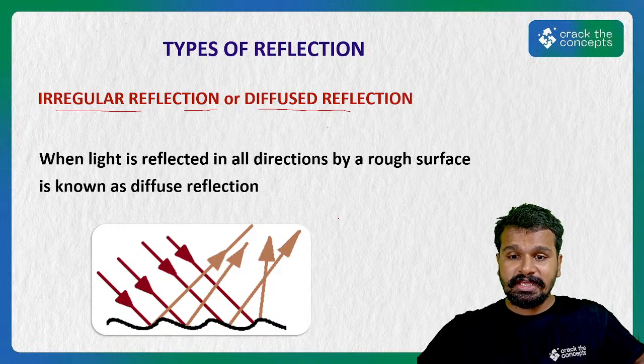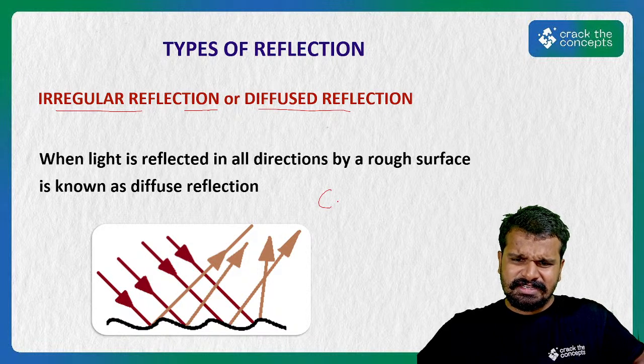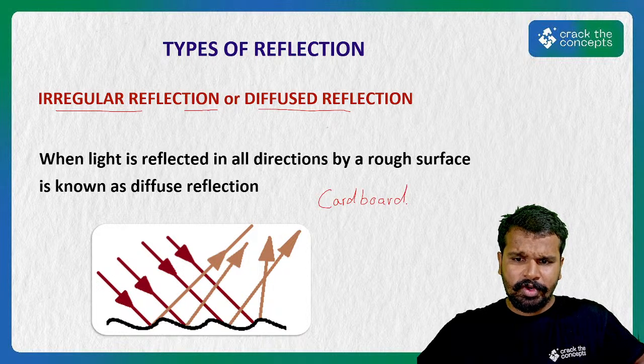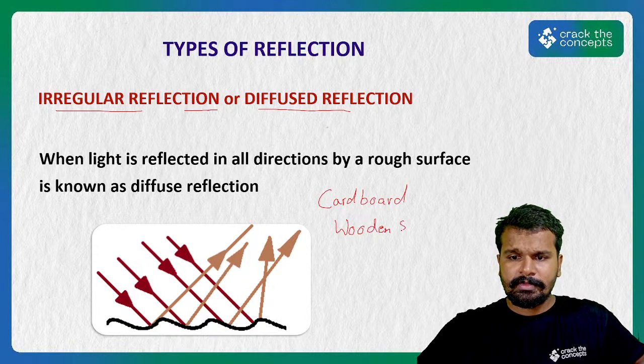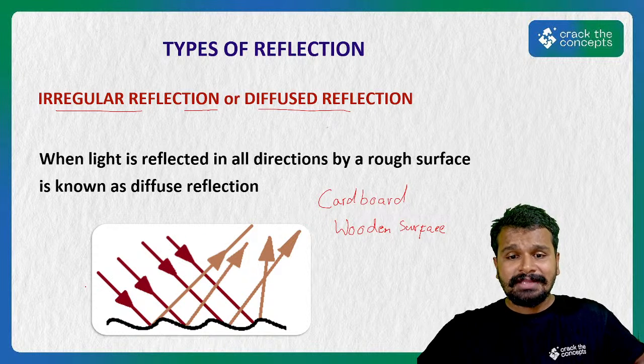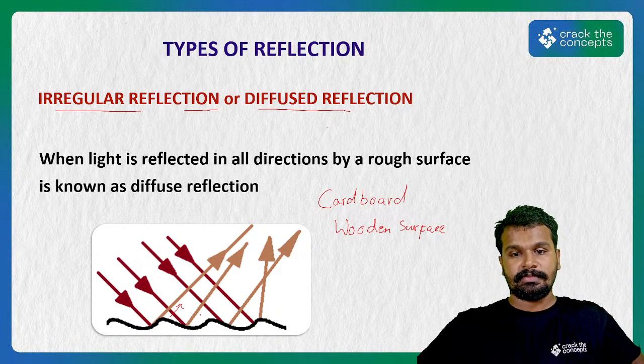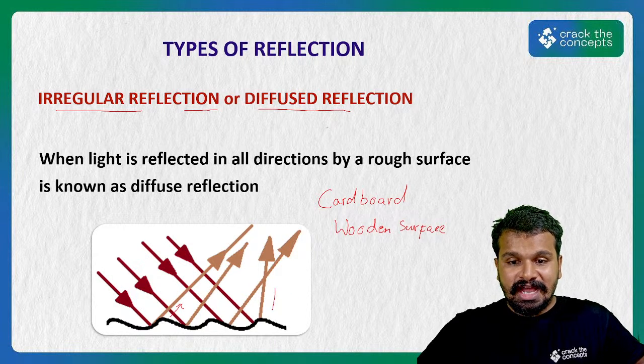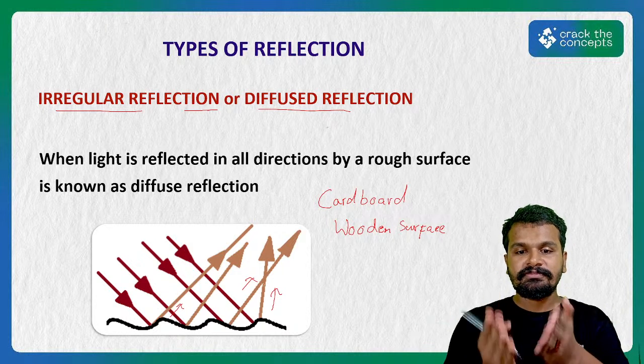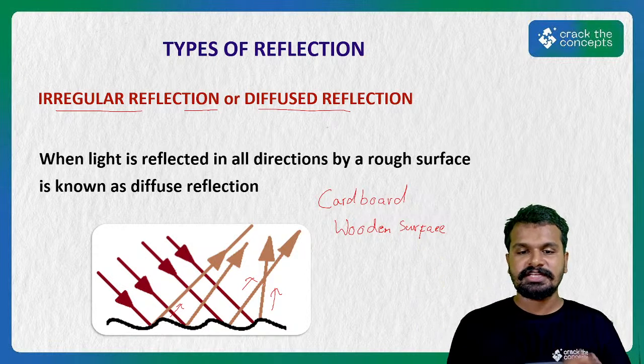Here I am taking some rough surface such as cardboard, or a wooden surface. What will happen? You can see here the light rays are going in an uneven manner. The reflected rays are not parallel to one another. Each reflected ray is going in some other direction.